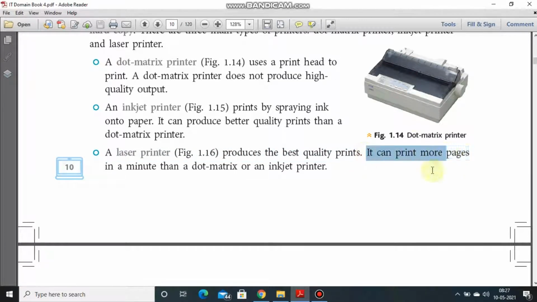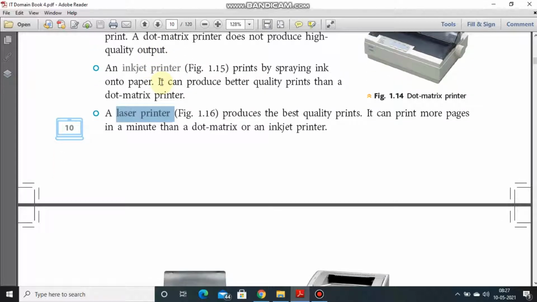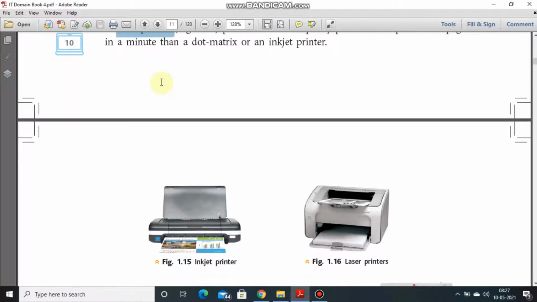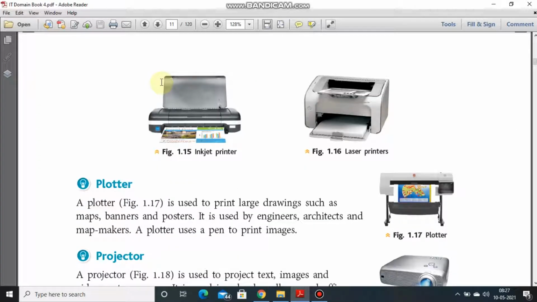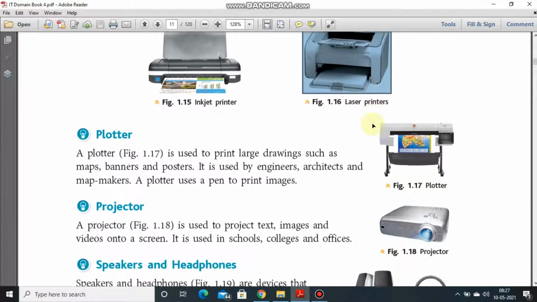It can print more pages in a minute than a dot matrix printer or inkjet printer. And this is the image of a laser printer.